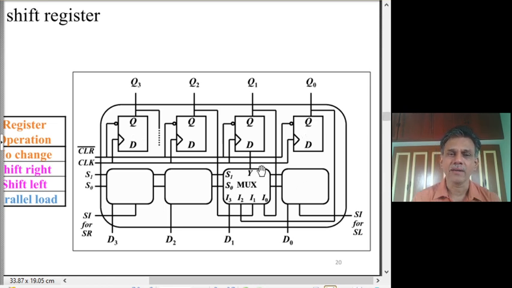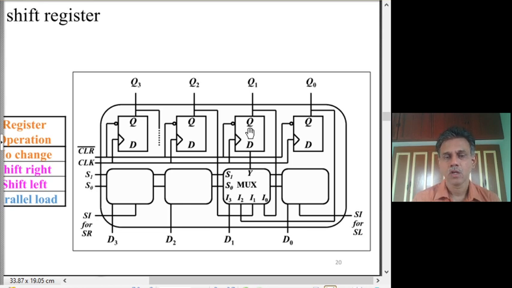In order to design how each flip flop should change based on the control mode, we use a mux. In particular, we use a 4-to-1 mux, because based on the operation, the D flip flop has to either restore the bit it has already got, which is the no change condition, or take it from the flip flop on its right hand side or left hand side, or take the parallel input and store it.